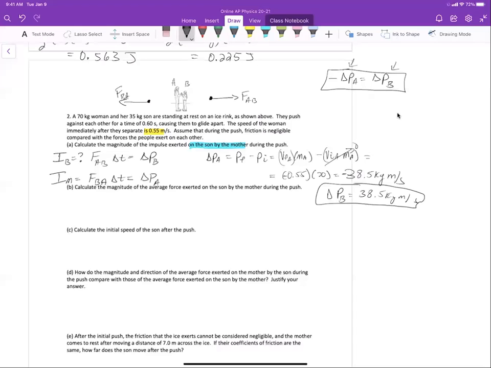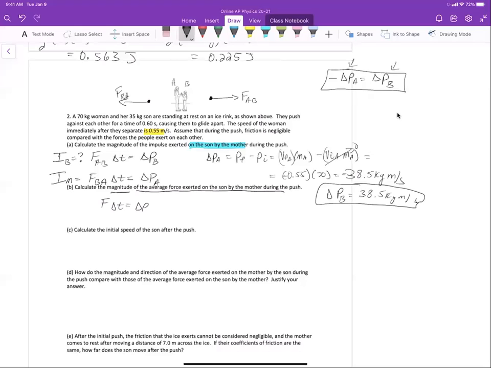Now, calculate the magnitude of the average force exerted on the son by the mother. We don't care about direction. We know that the forces are identical and the changes in momentum are identical.